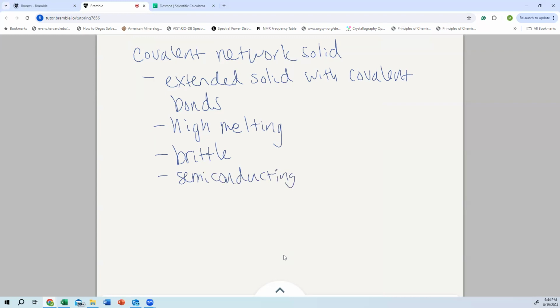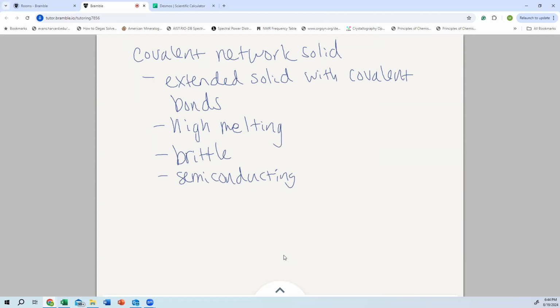Most of the components in a computer that aren't plastic are composed of semiconductors, which are covalent network solids. They have the ability to conduct electricity to a degree, but not to the degree that a metal can.